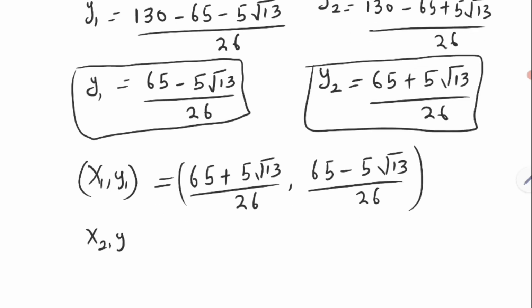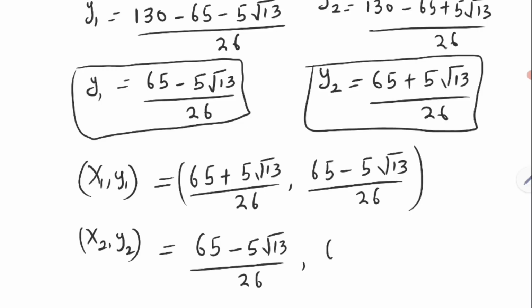S2, y2 is equal to 65 minus 5 root 13 over 26, 65 plus 5 root 13 over 26.